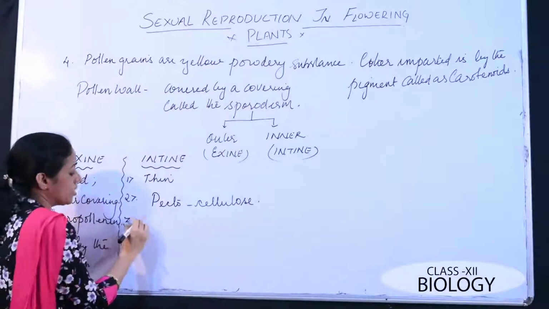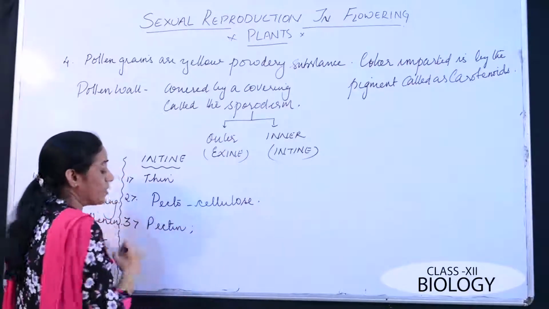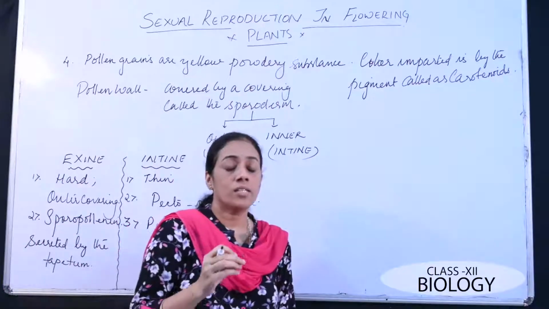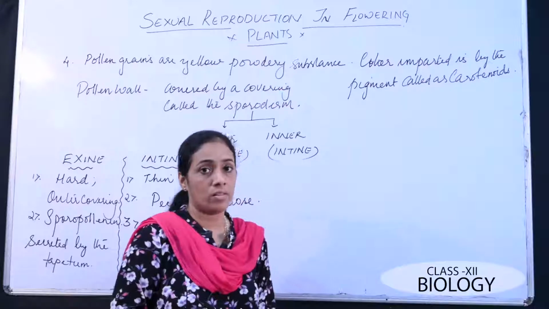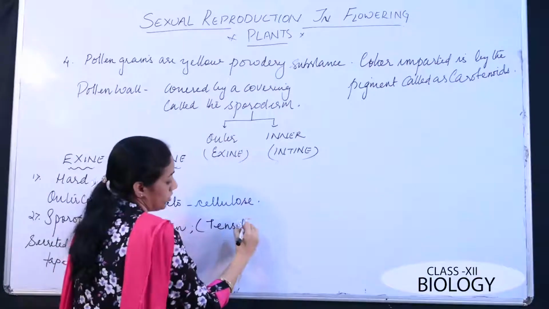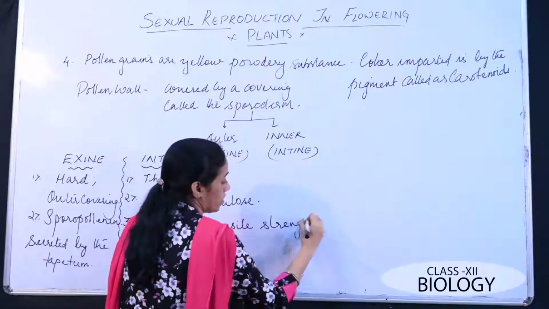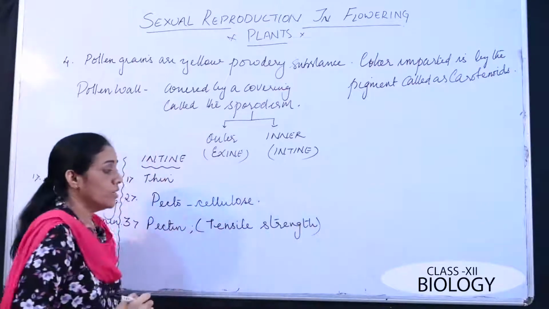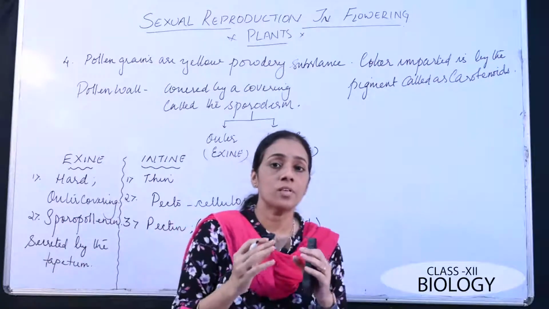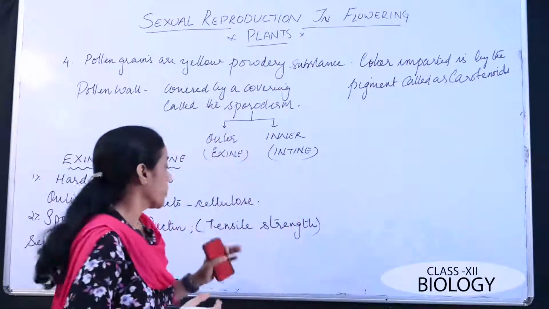So it is the pectin, and the speciality of the pectin is that it has a high tensile strength. So let me write over here that pectin has a high tensile strength. That means due to this tensile strength, it gives stretchability or flexibility to the pollen tube.